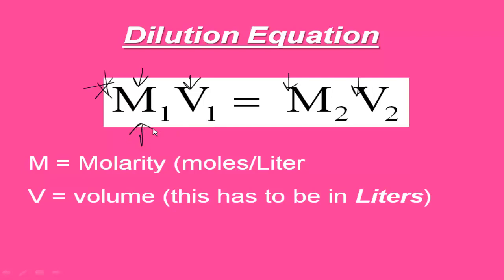So I know the concentration of the stock solution, and I put it there. I know that I need to make you guys a 1 molar solution, and I only need 1 liter of it. Well, how much of that original hydrochloric acid do I need in order to dilute it down? I figure out what V1 is. And that's actually what we're going to do in the example.